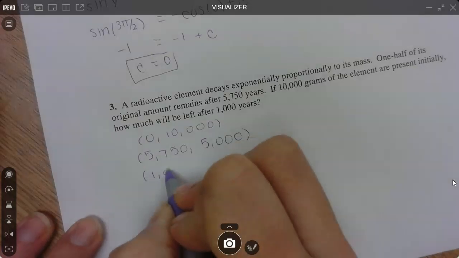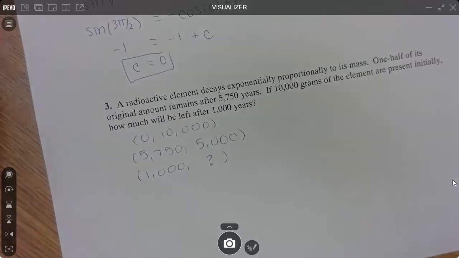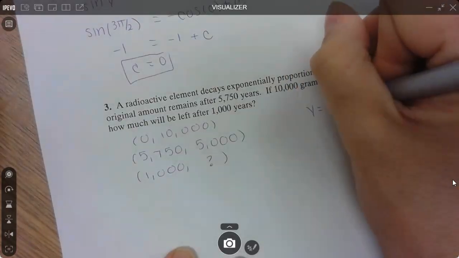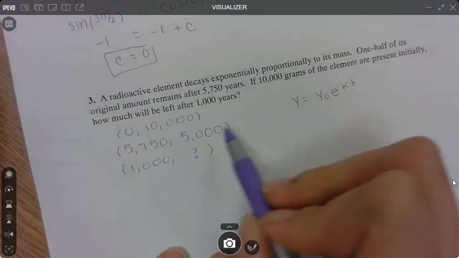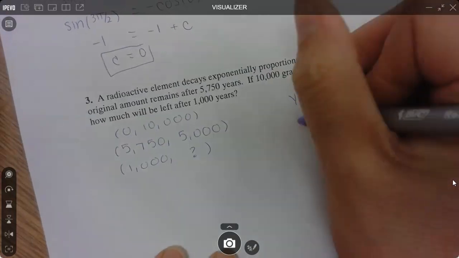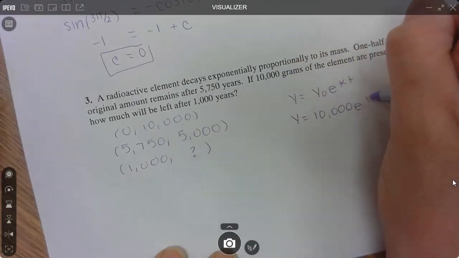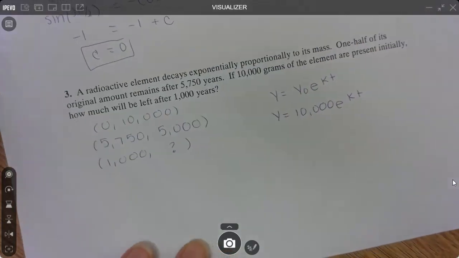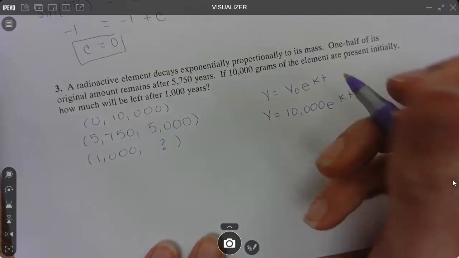So we want to know 1,000, question mark. So again, it's y equals y naught e to the kt. So my y naught is 10,000. I can find k by using the half-life idea.